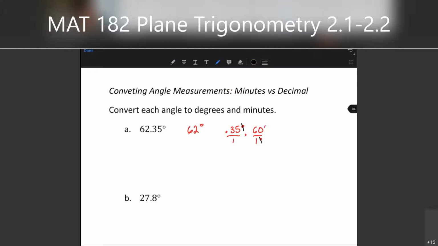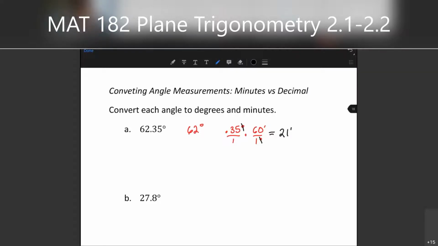And now we just need to multiply across with 0.35 and 60. So what value am I going to get after multiplying across? And you're right, 21 minutes. So this would be 21 minutes.